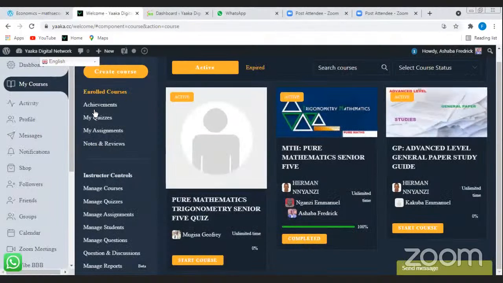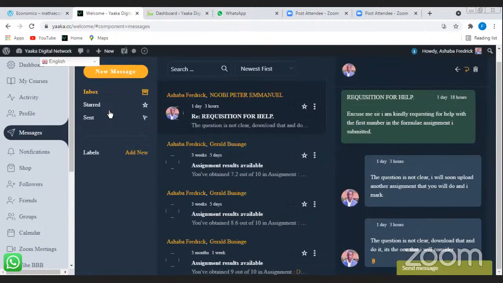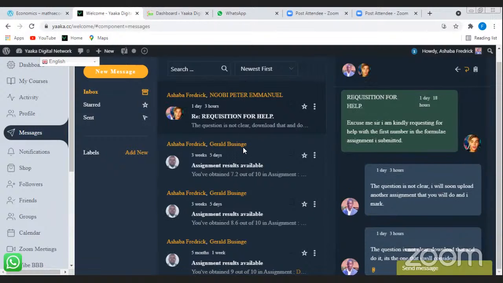Okay, let me show you briefly here. When you open and access this page, you come to messages. This side is for messages that come in to you, and these ones are for sending.